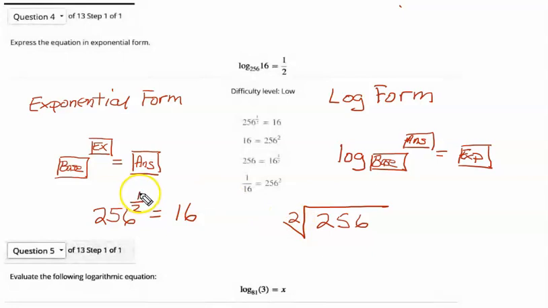And then the numerator is the exponent to which this is raised. So this is the fractional exponential form, and this is the equivalent radical form. So the square root of this is 16. In a sense, fractional exponents are often written as radical expressions.